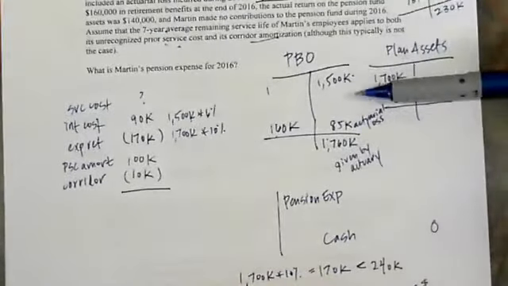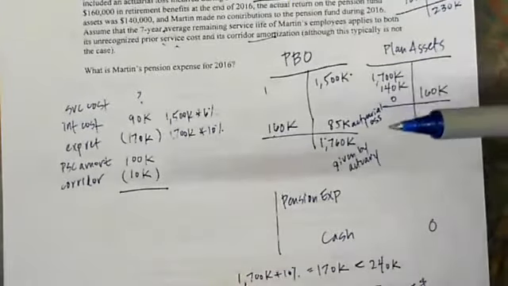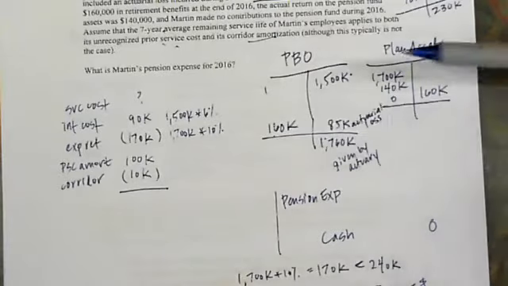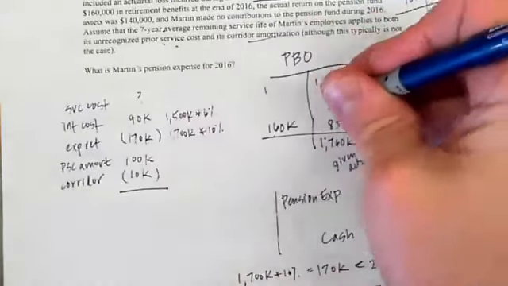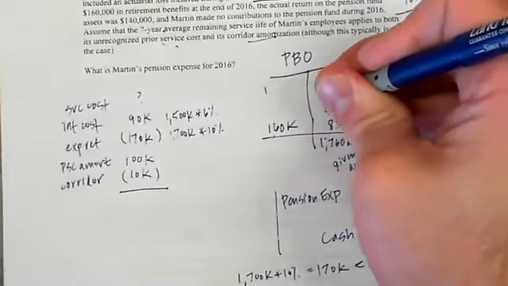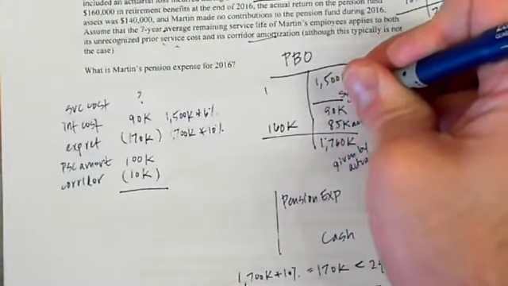So remember what else goes in here. Any money I paid out is already taken out. The actuarial loss is already accounted for. Interest costs would go in here, and the only thing that's remaining now is service cost.